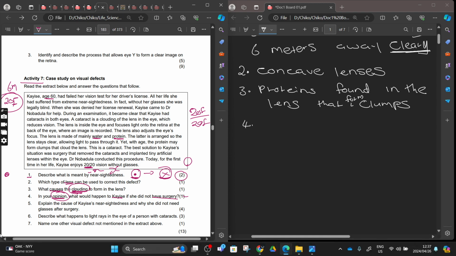You can say she was going to die with her natural lens, but that one is not going to help here, because the opinion they need is everyone's opinion, and in everyone's opinion, she was going to go blind. Since we are studying cataracts, and cataracts end up causing someone to become blind, if she didn't go for surgery, she was going to end up being blind.